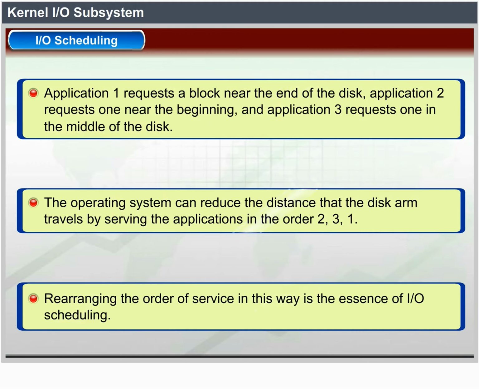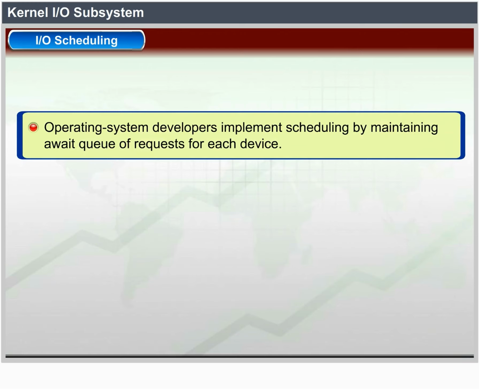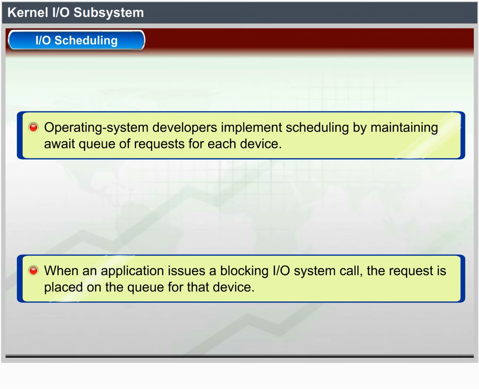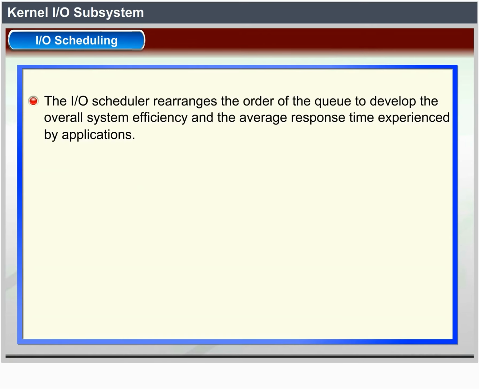Operating system developers implement scheduling by maintaining a wait queue of requests for each device. When an application issues a blocking input-output system call, the request is placed on the queue for that device. The input-output scheduler rearranges the order of the queue to improve the overall system efficiency and the average response time experienced by applications.